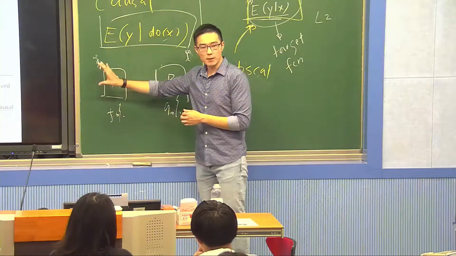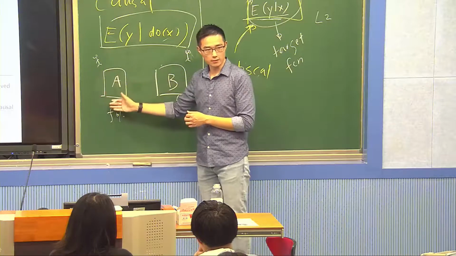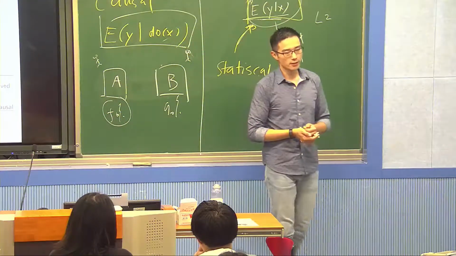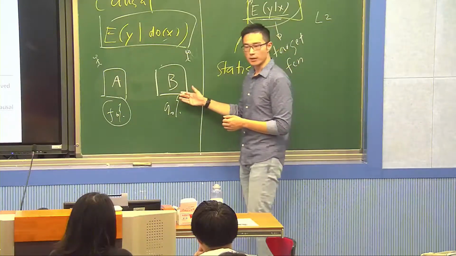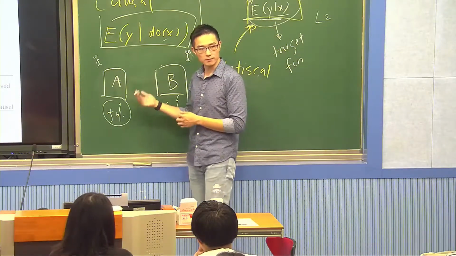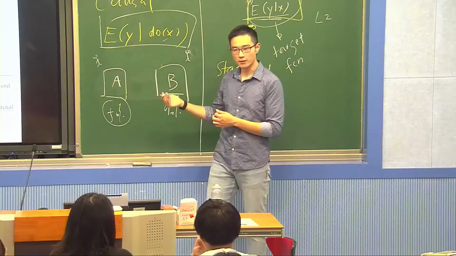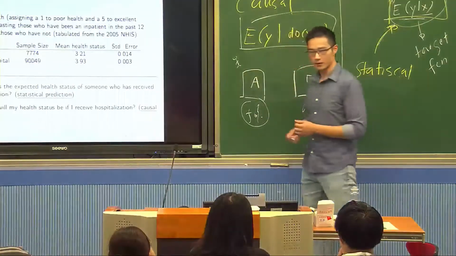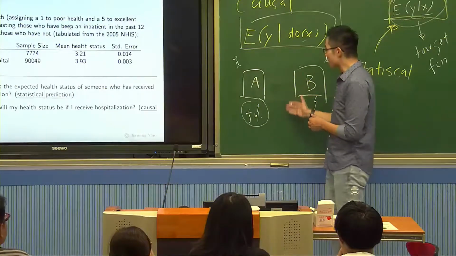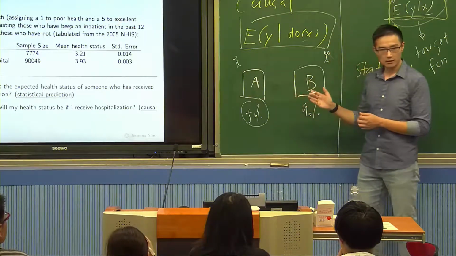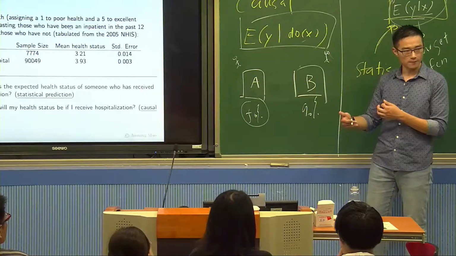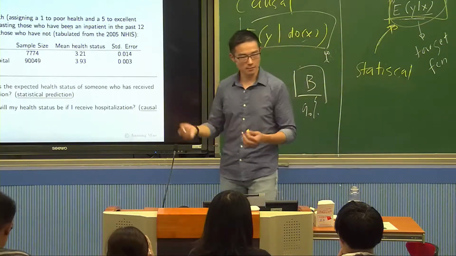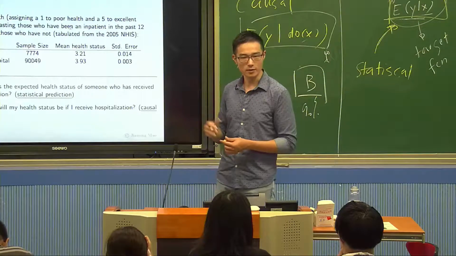So A may be a better hospital, but sicker people go there, and that's why you observe an overall 50% recovery rate. While B, on the other hand, may actually be a worse hospital, but people go there only when they have a little flu or something. So that explains the difference in the pattern. In other words, this is a case of statistical patterns that do not immediately reveal the causal relationship. Statistical does not reveal causal. That's the lesson of this example.